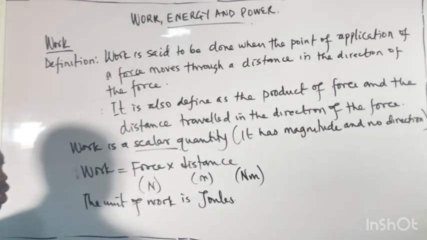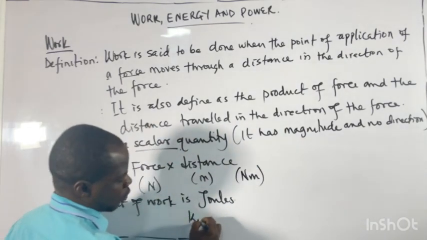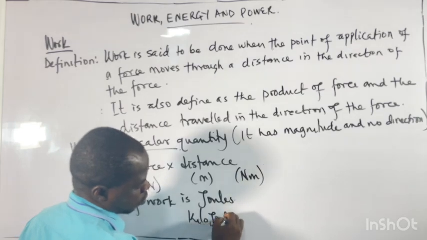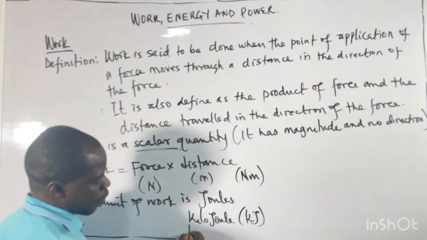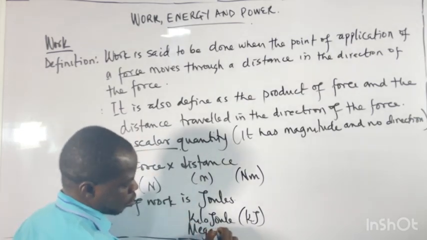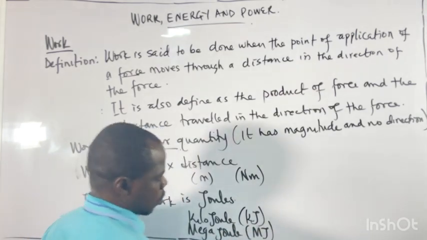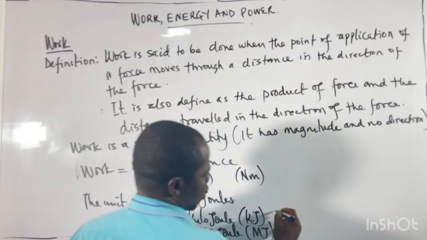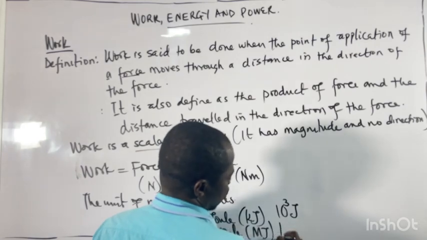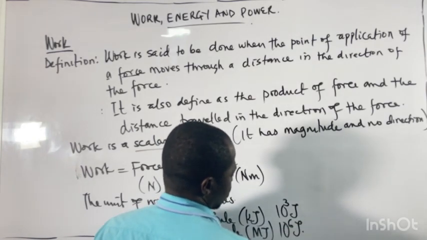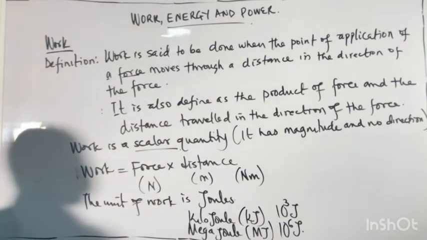You can have it in other units as kilojoule, that's kJ, or megajoule, that's MJ, and so on. Kilojoule is 10 raised to power 3 joules, and megajoule is 10 raised to power 6 joules. This is talking about the work done on the body.